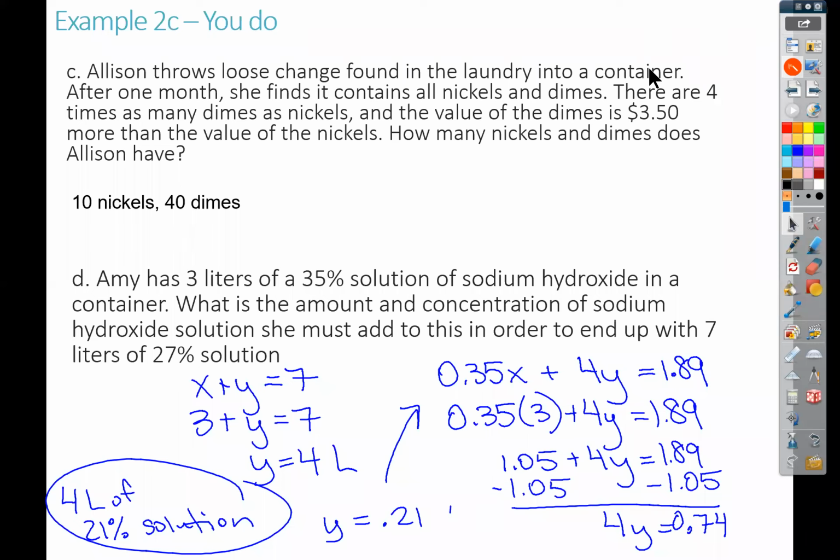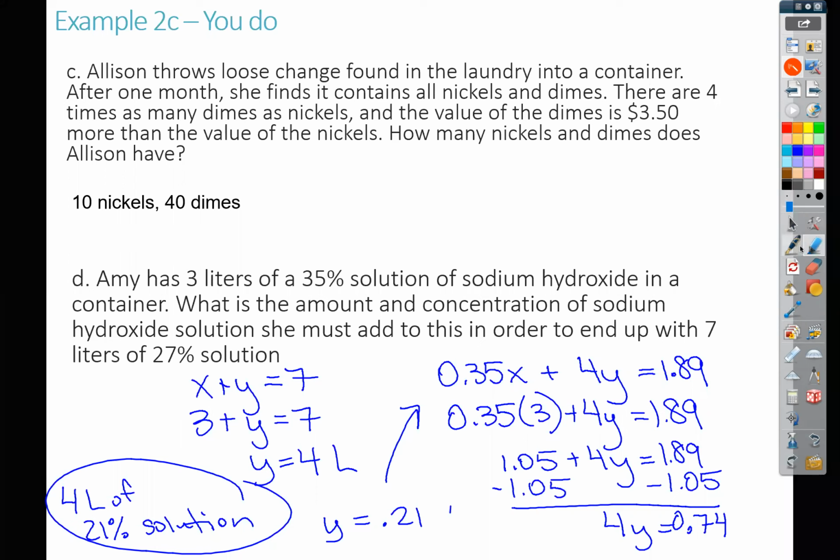Okay, and you see that the answer is 4 liters of a 21% solution. So this one was a little bit tricky because it tells you that she has 3 liters already of a 35% solution. She wants to end up with 7 liters. So that means that she needs 4 liters of whatever the other solution is. We knew that pretty quickly.